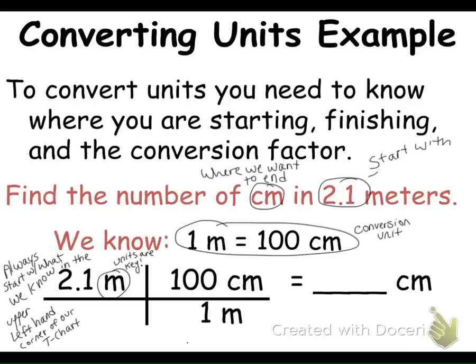The other thing we notice is that anytime I start, I want to make sure that my units in this kitty-corner box match each other, because that's the only way algebraically that we're going to get these things to cross out. So those 2 units must always match in order for T-charts to work. And then the next thing you ask yourself is, I have meters down here, can I go from meters to centimeters?